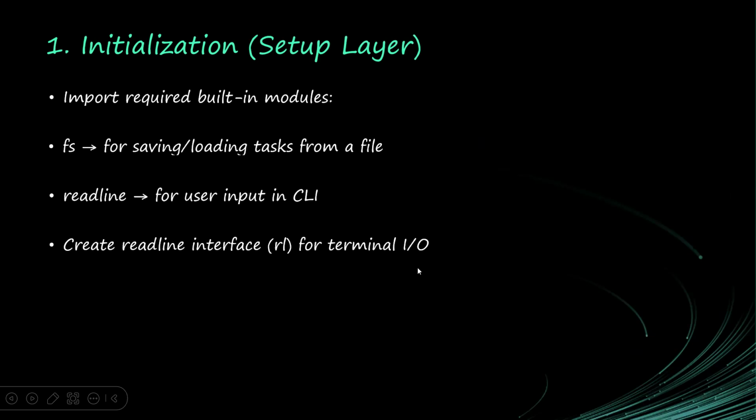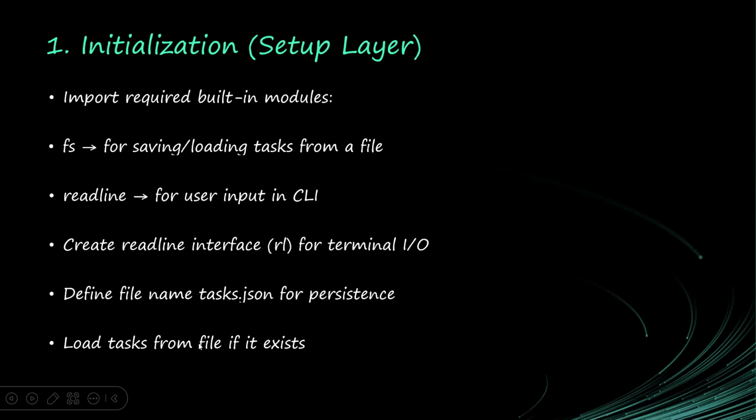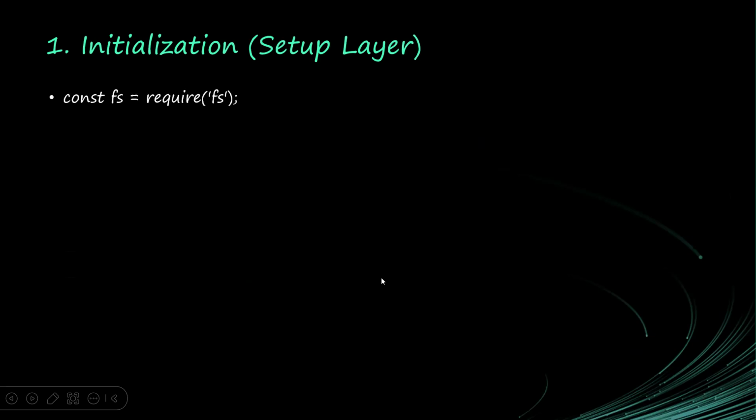IO means input output. We're taking input from the user and giving output to the user too. We will define the file name tasks.json for persistence, and then we can load tasks from the file if it exists. So this is the initialization.